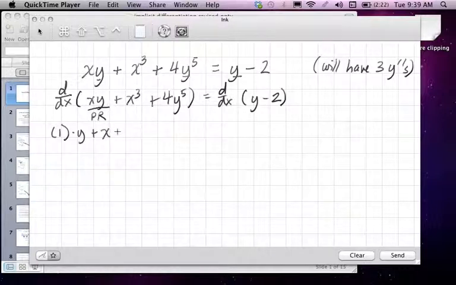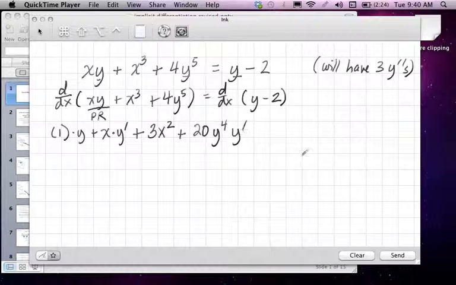Now the derivative of y is just y prime. So that took care of the xy. Now the derivative of x to the third, that's just 3x squared. Now the derivative of 4y to the fifth, that's 20y to the fourth. And then I need to add on my y prime. The derivative of this y is just y prime, and the derivative of a constant is 0.